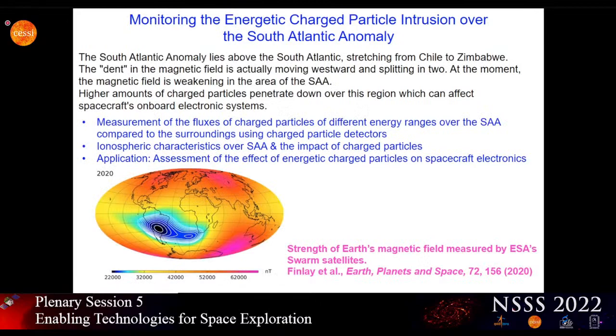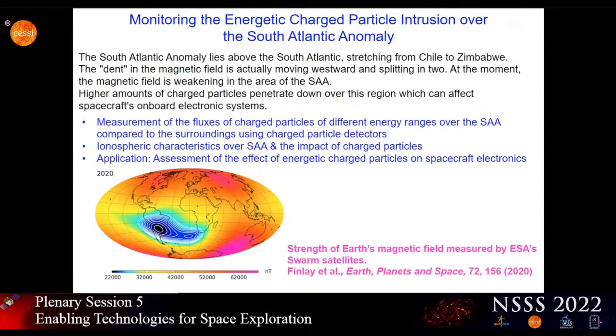One thing which I was thinking about, which is very useful for PS4, is the monitoring of the energetic charged particle intrusion over the South Atlantic anomaly. The South Atlantic anomaly, extending from the South American region through the Atlantic to the South African region, produces a dent in the Earth's magnetic field, and you have a large number of charged particles coming from the radiation belts.